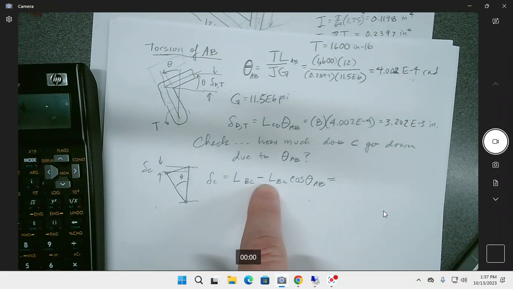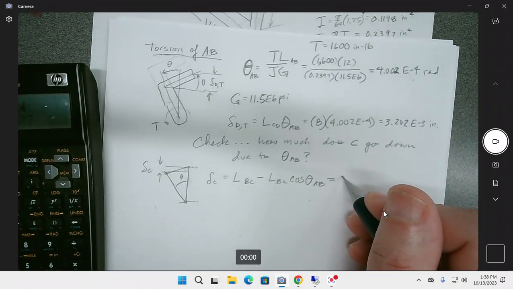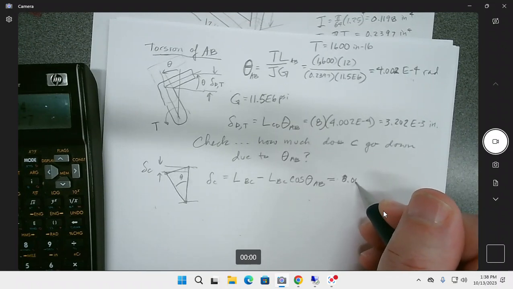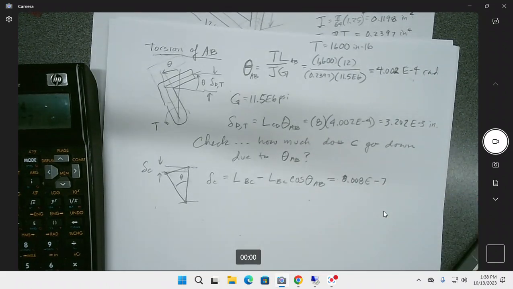So we can multiply it, though. I can multiply that by 10 inches and then subtract it from 10 inches. And it ends up being 8.008 E to the minus 7. So very, very small.